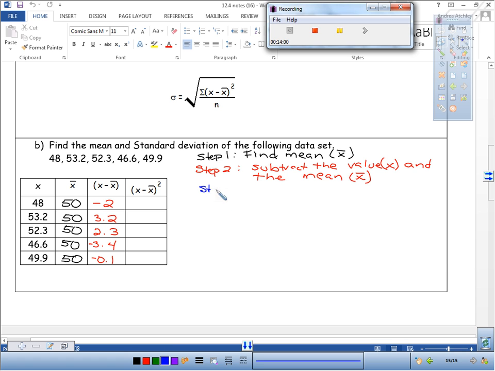Step 3, you're going to square the value minus the mean. Okay, so you're going to take these numbers, negative 2, and square it and get 4. So you're going to take 3.2, square it, and I believe you get 10.24.